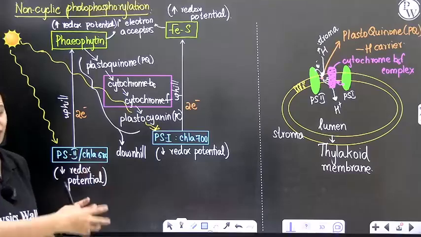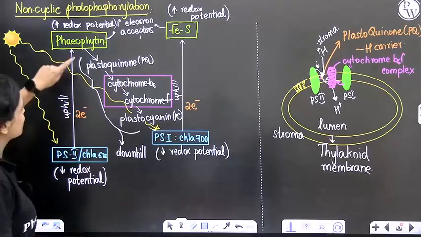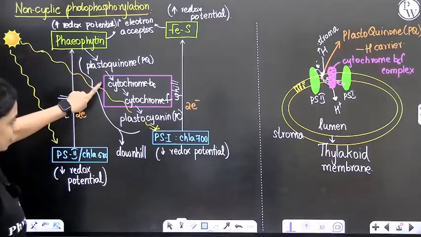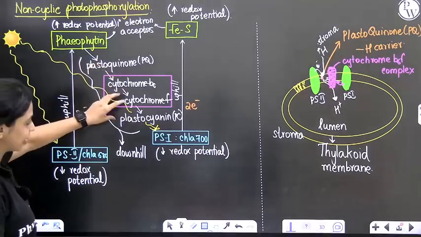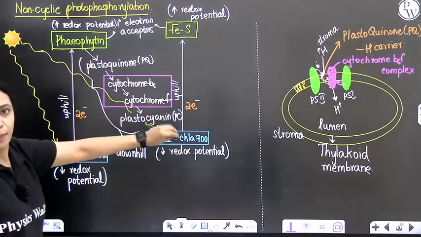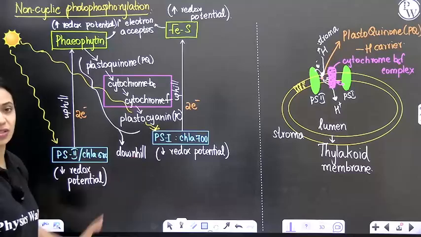The energy that it's carrying is becoming smaller and smaller. Okay, so plastoquinone to cytochrome B6F complex to plastocyanin, and ultimately the electron is passed on to PS1's reaction center, which is chlorophyll A700.